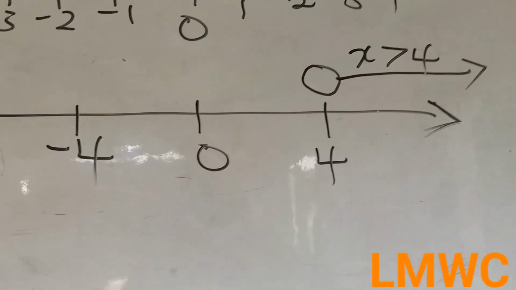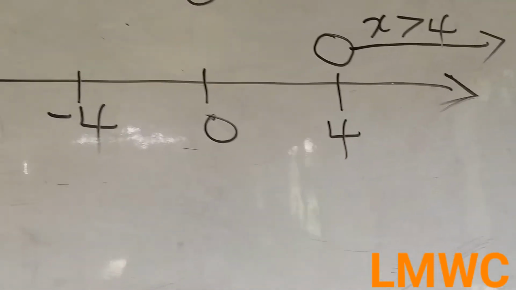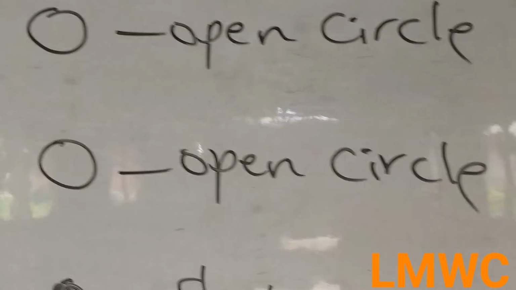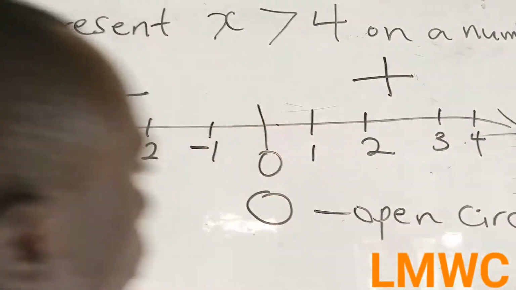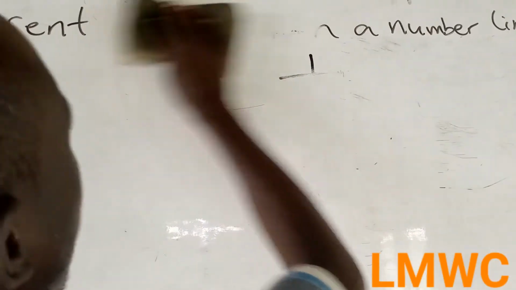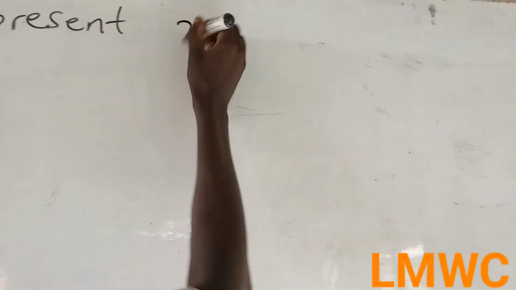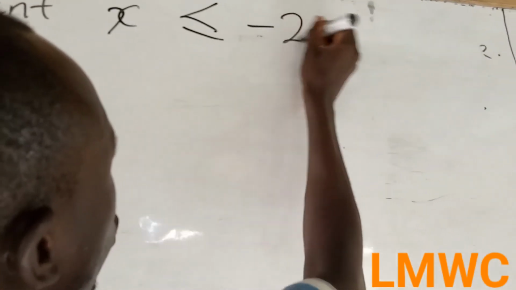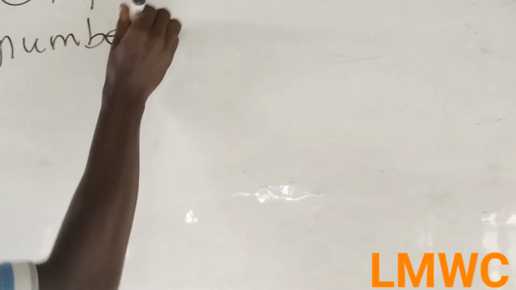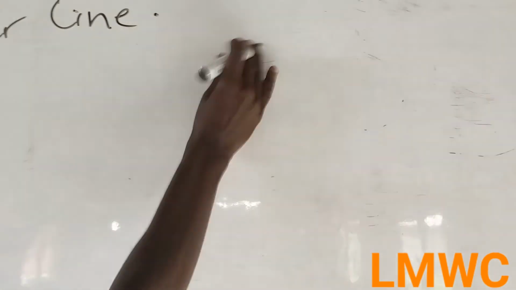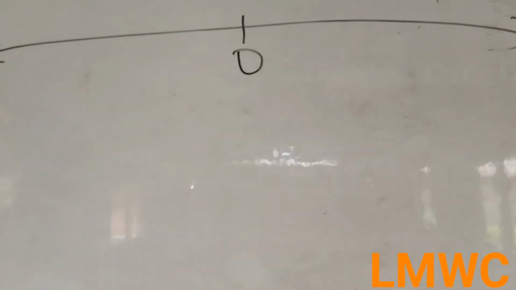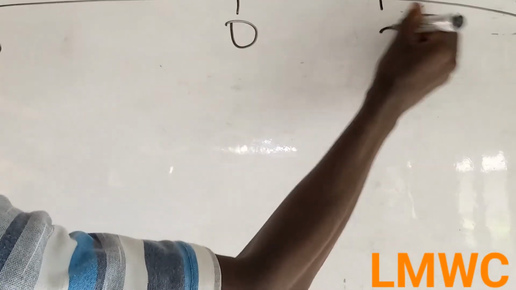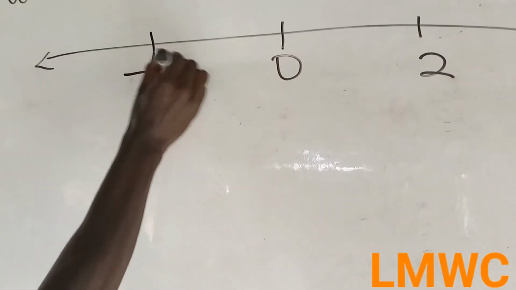Let us take our second example. Represent x is less than or equal to -2 on a number line. So we now want to know how to represent linear inequalities on a number line. You write your 0 that divides the number line into 2. Here is +2 and this part you negate it, -2.